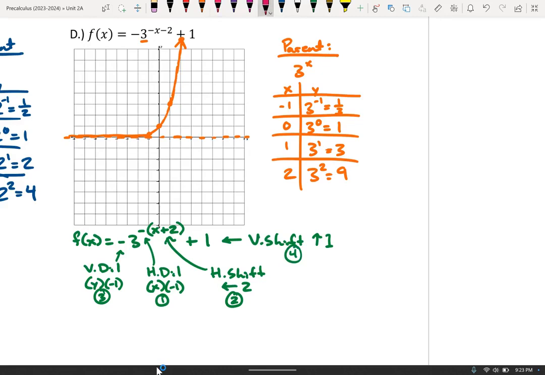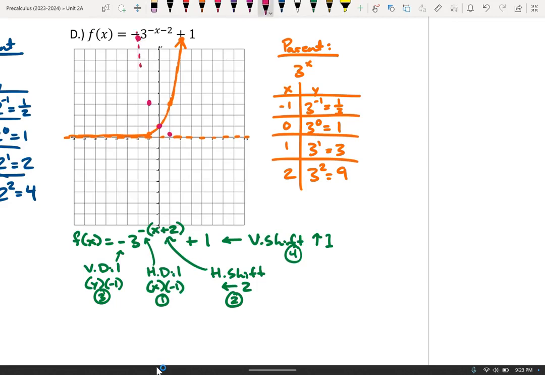All right, horizontal dilation, we multiply our x values by -1. That results in a reflection over the y-axis. So -1 times 1 becomes +1. 0 stays 0. +1 becomes -1. And +2 becomes -2.